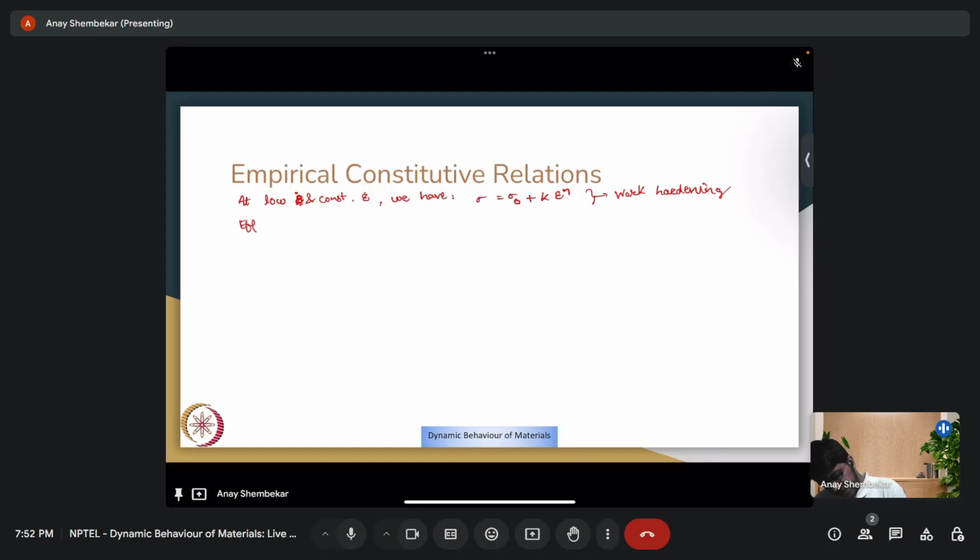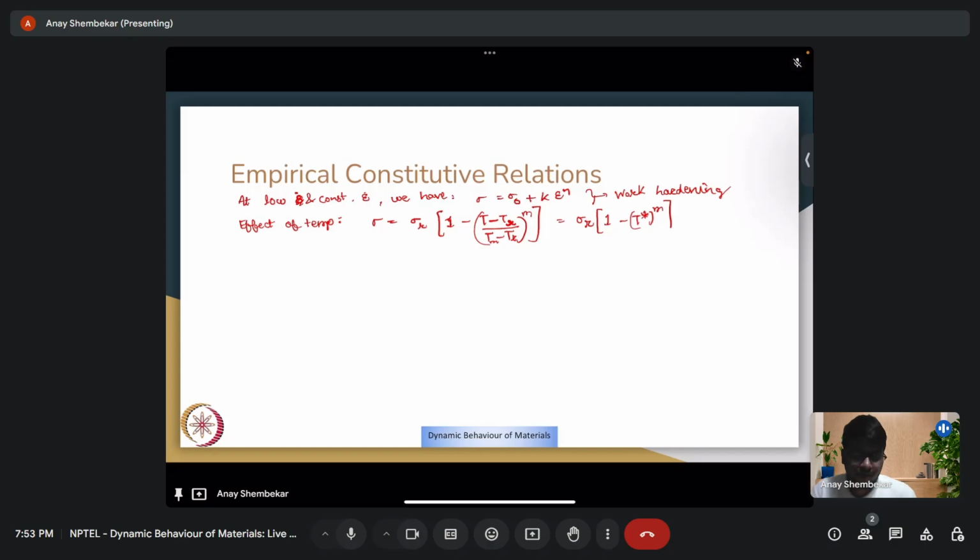Also, if you look at the effect of temperature on flow stress, sigma is equal to sigma r times (1 minus (T minus Tr) upon (Tm minus Tr)) whole raised to m, which I can write as sigma r times (1 minus T star) whole raised to m.